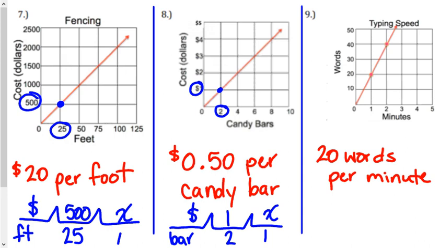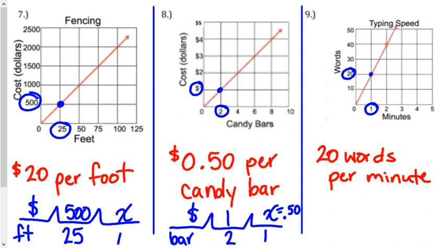So I'm going to do 1 times 1, which is 1, and 1 divided by 2 is 1/2, or 50 cents. So it's 50 cents per candy bar. All right, last but not least, this last one's pretty easy because we have a 1 right here on our axis. We have a point right here up from it, and we have a 20 right there for our number of words. So that one's going to be 20 words per minute.